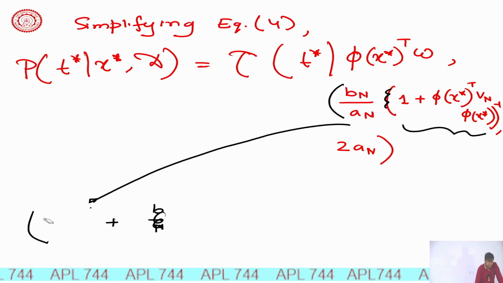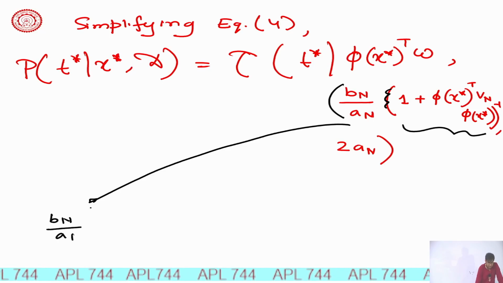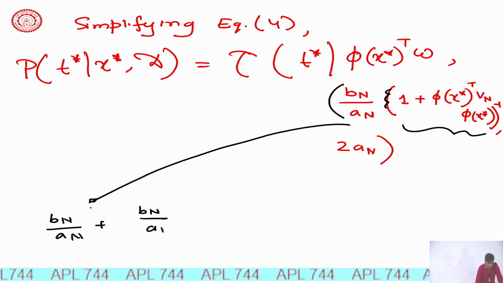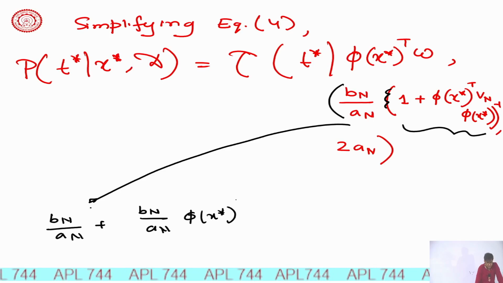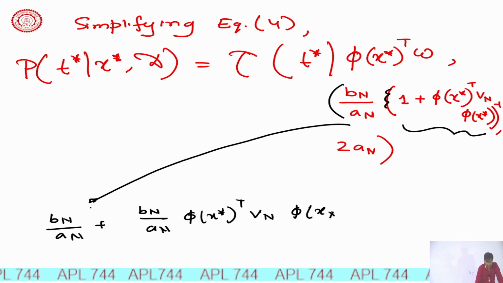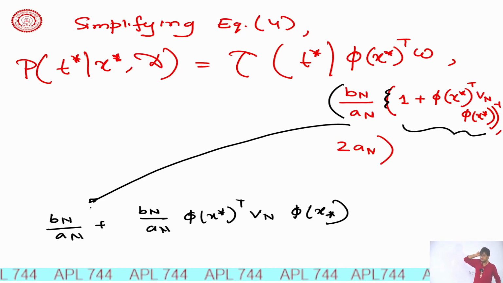Let me write it carefully. So now the first term is giving you Bn by An, and the second term is giving you Bn by An phi x star transpose Vn phi x star, right? And then inverse of that, the whole thing, correct?